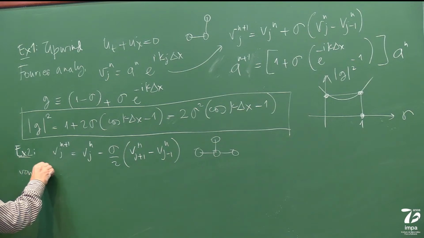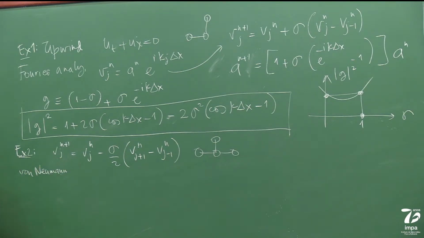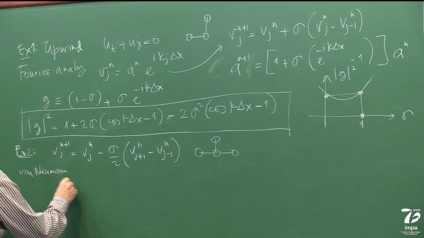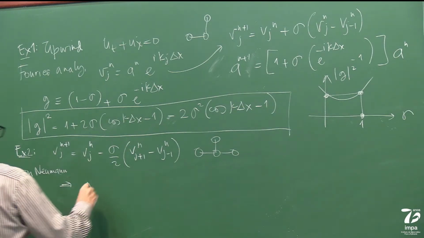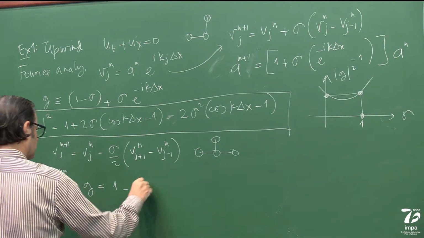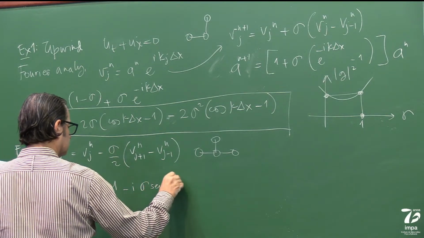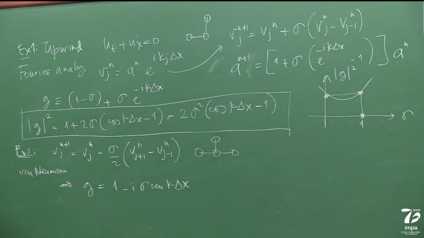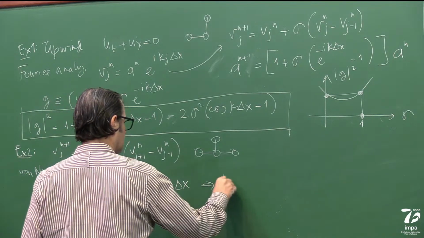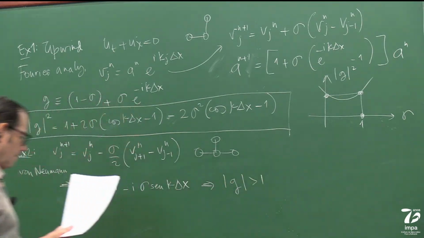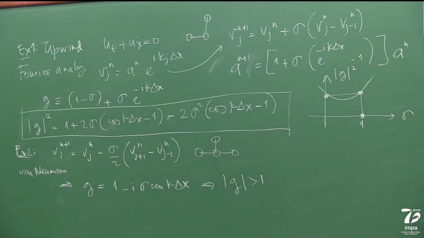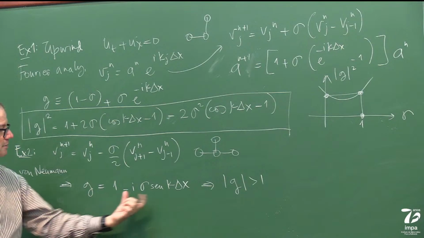So if we do von Neumann again, just basically Fourier analysis, we will get G, let me skip one step, because I don't want to, K delta X, and this will imply that the absolute value is greater than 1, okay, because as you can see, it's going to be this plus this, right?